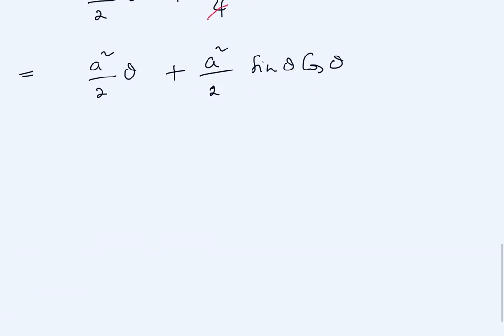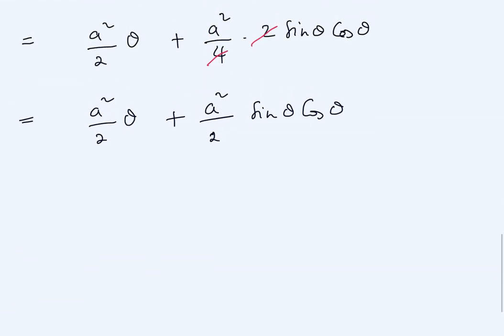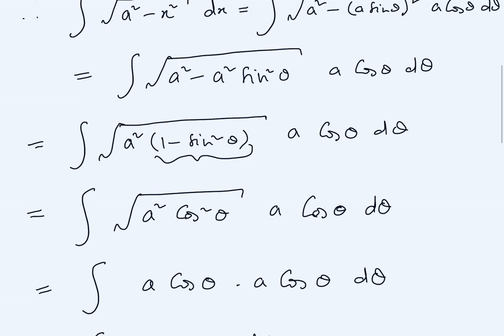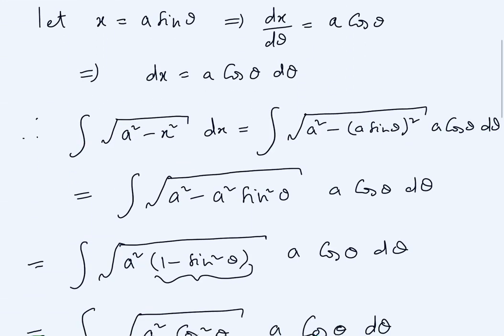So now we can go ahead and write theta in terms of x. To do this, we go back to our substitution. In our substitution we said x is equal to a sine theta.